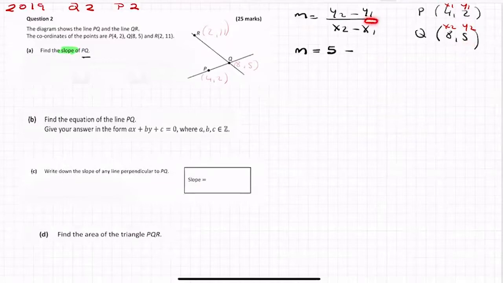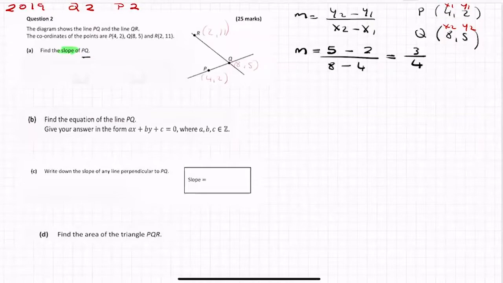Instead of y1, I put in this value. Instead of x2, I'm putting in 8, and instead of x1, I'm putting in 4. On your calculator, hit the fraction button, and then I have 5 minus 2 on the top, 8 minus 4 on the bottom, and I'm getting 3/4 as my answer for the slope of PQ.